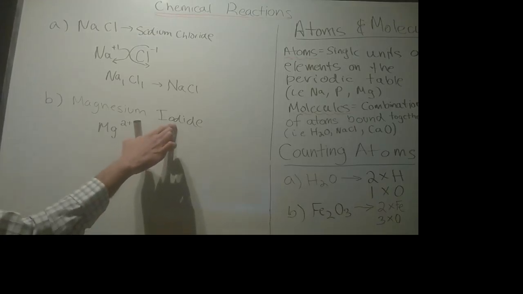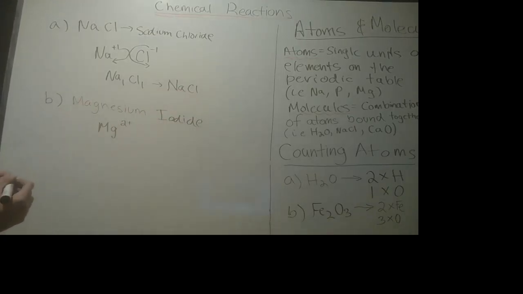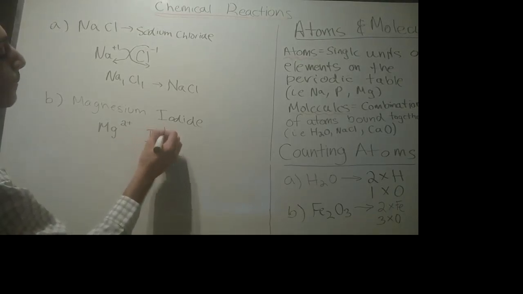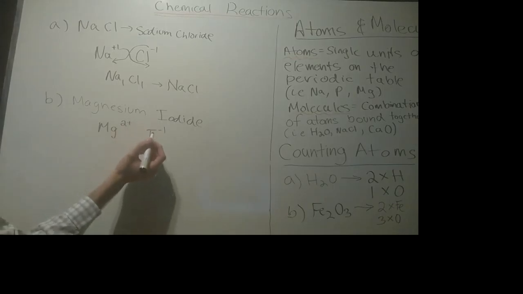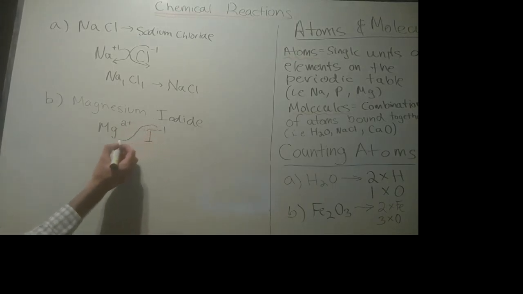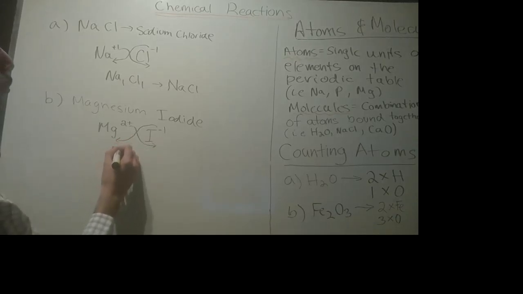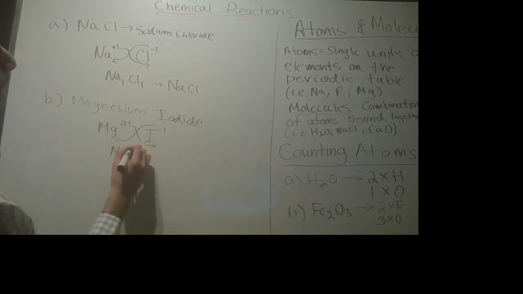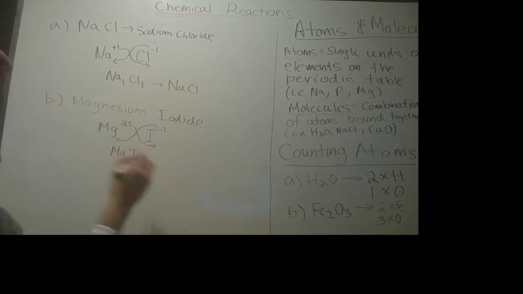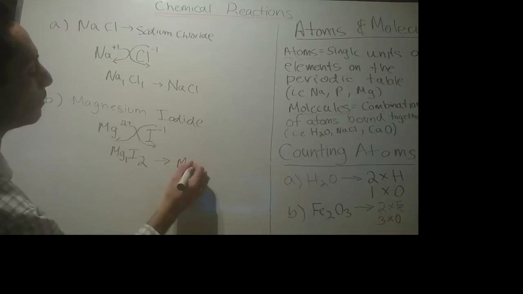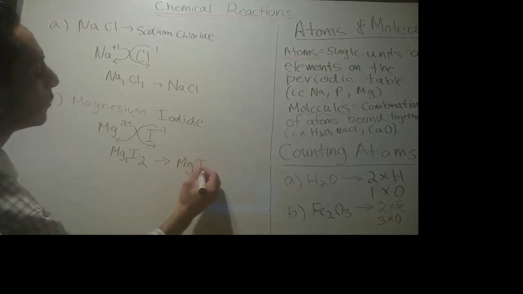Iodide happens to fall in the same column as Cl on the periodic table, which all happen to have a charge of -1. To figure out the compound that this is going to make, we crisscross the charge of iodine down and the charge of magnesium down to the subscript of iodine, and we get Mg1I2. As always, the 1s are implied, so this becomes MgI2.